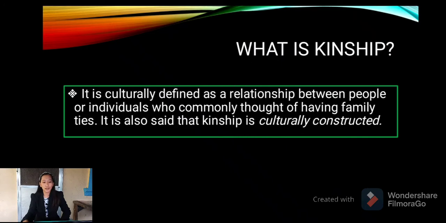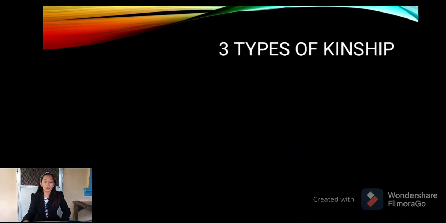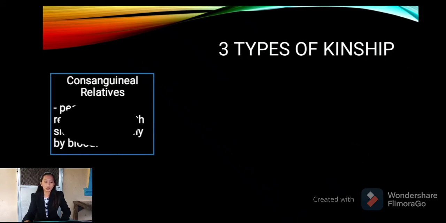It's culturally defined as a relationship between people or individuals who are commonly thought of as having family ties. It is also said that kinship is culturally constructed. And next, we have three types of kinship. First is consanguineal relatives, people who are related to both family sides by blood.